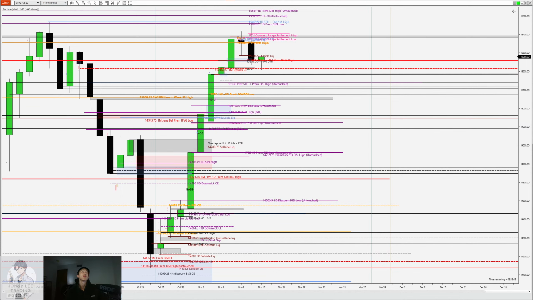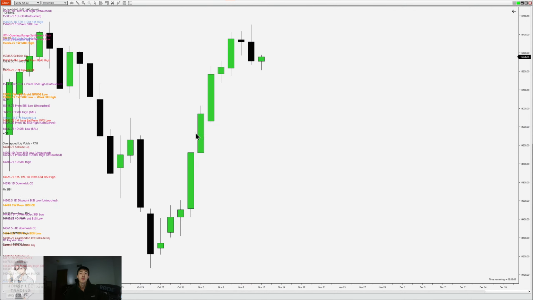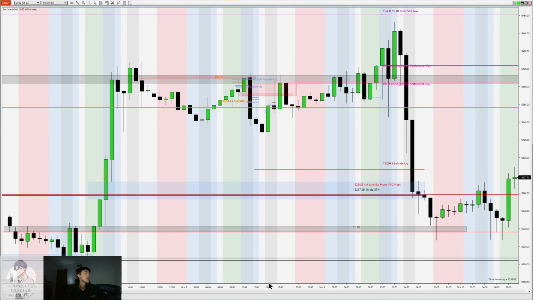I can take away, let me go down an hourly here. I want to take a few things away. All this stuff, I can remove the buy side liquidity there. We've taken it. So let's make the charts a little bit cleaner here.